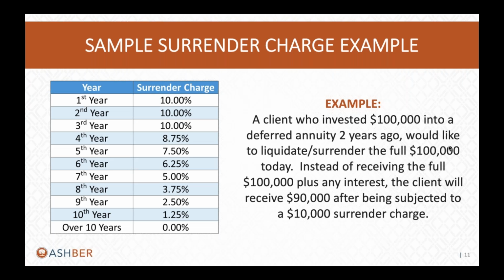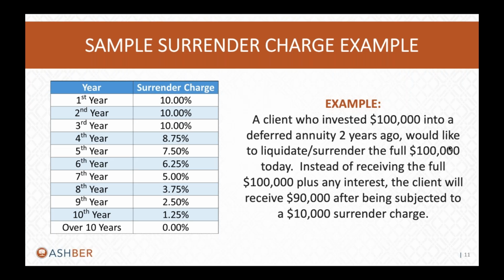So if I purchase an annuity today and then want to surrender that contract within the first year, looking at this surrender schedule, I would be penalized 10% of what was put into the contract for taking the money back earlier than what would have been outlined in the contract.